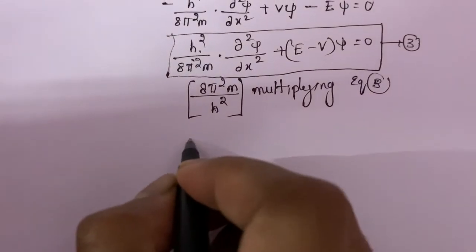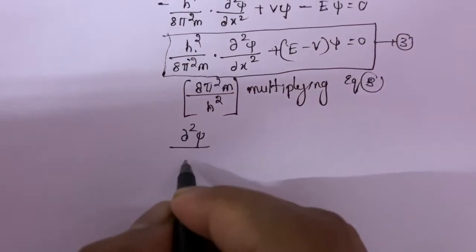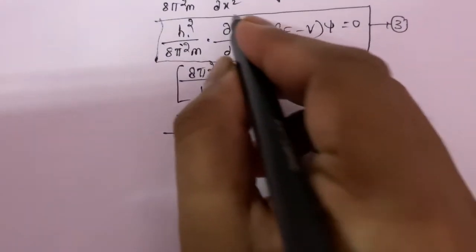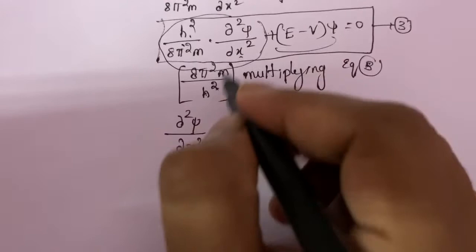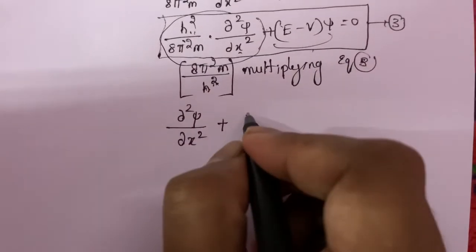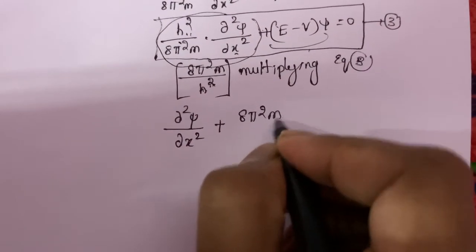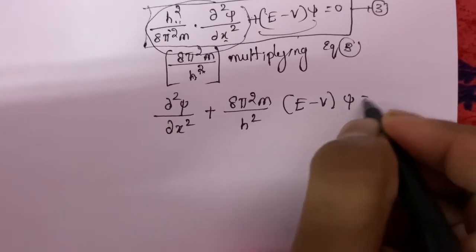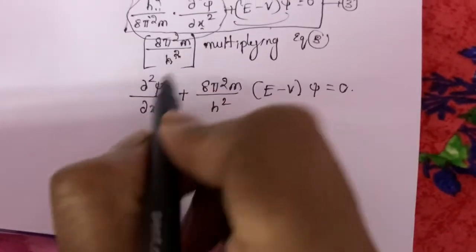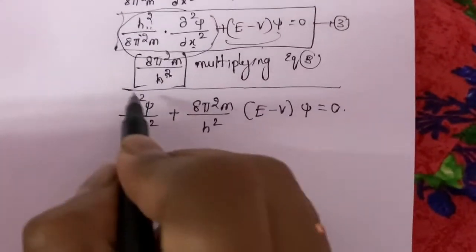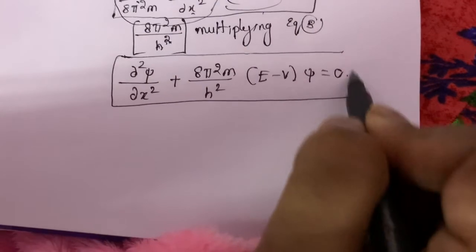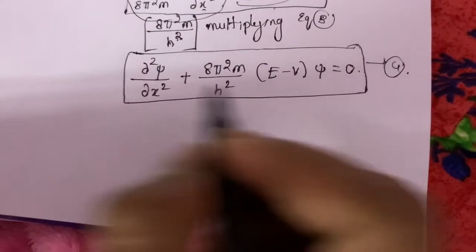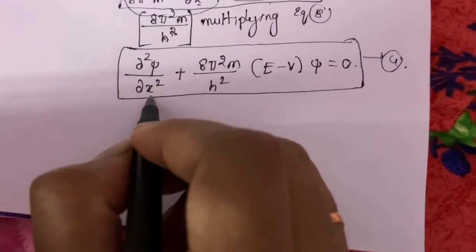So I am going to write directly that you get dou square psi upon dou x square plus 8 pi square m upon h square, E minus V, psi equals 0. This is the final equation we got. Consider this equation number 4. This is the Schrodinger wave equation for a particle in a one-dimensional box. So I am not going to write anything except the x axis.